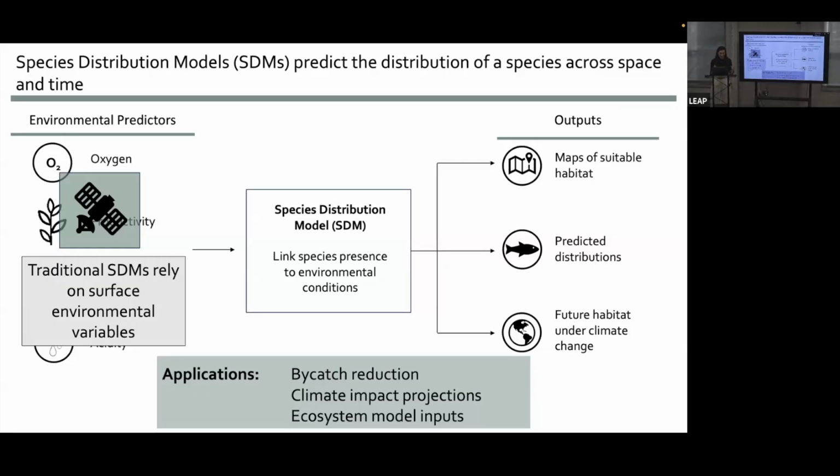That brings me to the goal of my research, which is to understand the value of subsurface biogeochemical information in predicting species habitat use. And this information, we think, may produce more reliable mechanistic relationships between species and their environment.